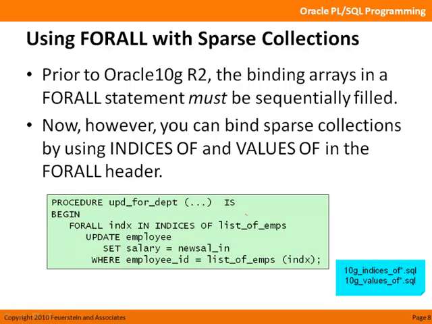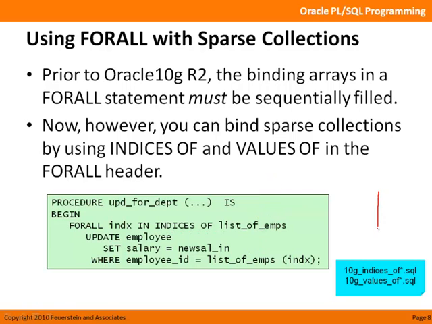Well, what I can do is simply say INDICES OF that collection, so I can reference the bind array in my INDICES OF clause, and this simply says, Oracle, if there's any gaps, if there's nothing between the first and the last, then don't worry about it. Just skip over anything that's undefined, and it will only use those indexes defined inside my INDICES OF clause collection.